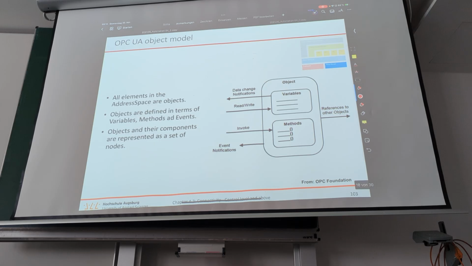So how does it actually work? You have these collaboration modules, and they are created out of objects on a low level, and these objects have variables and methods. If you look at the object, you can read and write a variable, and you can get notifications for data changes.